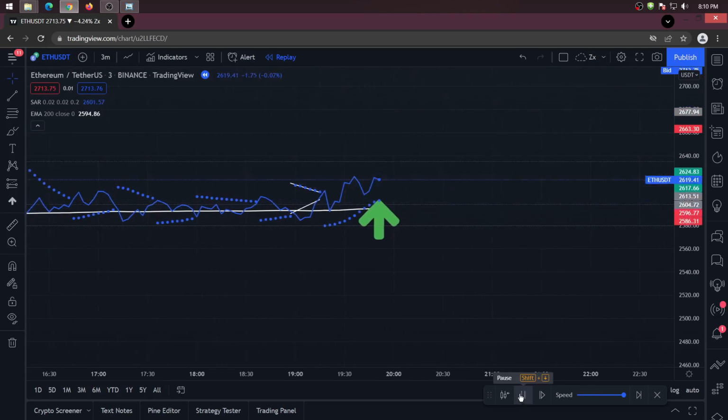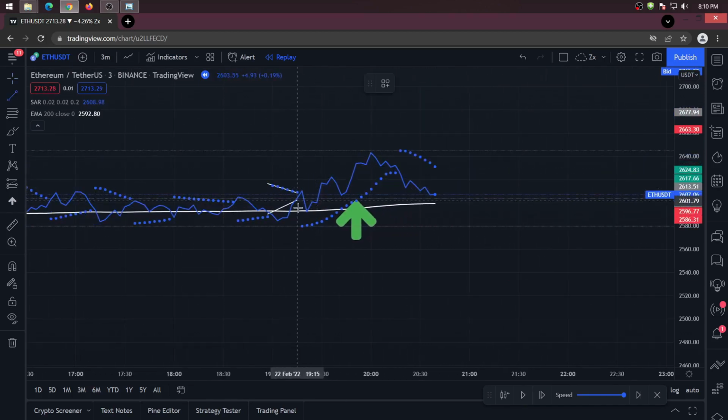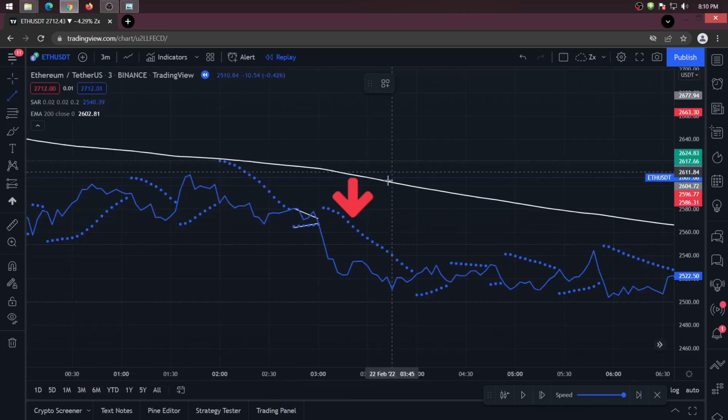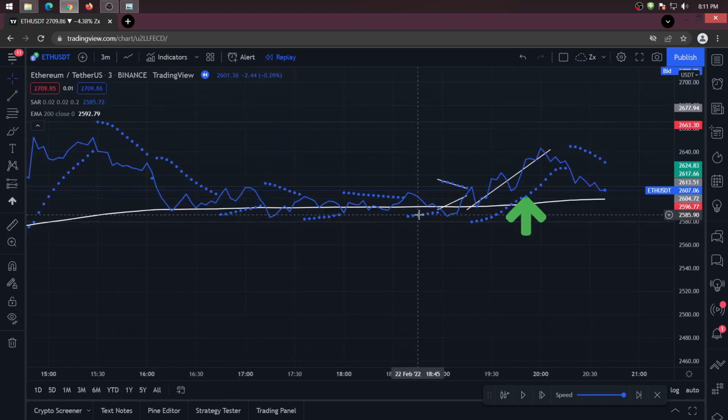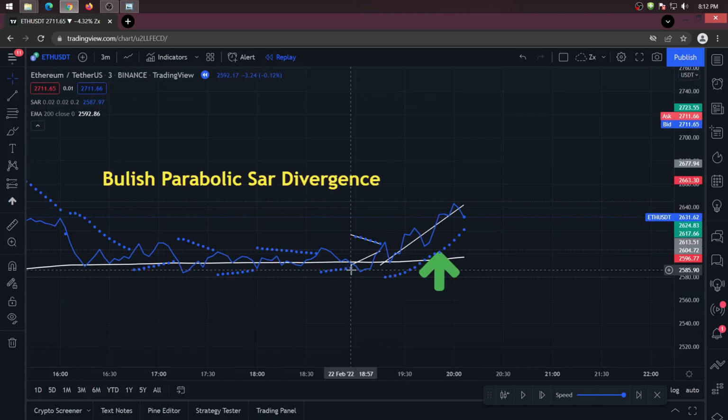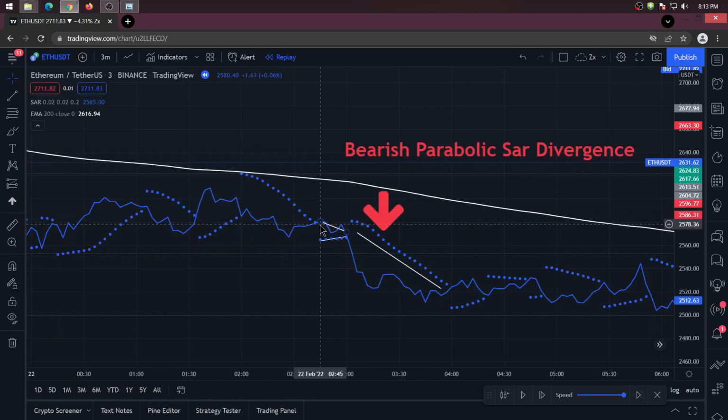The bullish hidden divergence confirms the continuation of an uptrend, and the bearish hidden divergence confirms the continuation of a downtrend. So how do you know whether the divergence is bullish or bearish? If the price indicates an uptrend and the parabolic SAR indicates a downtrend, this is bullish parabolic SAR divergence, and if the price line is going down but the parabolic SAR shows an uptrend, it's bearish parabolic SAR hidden divergence.